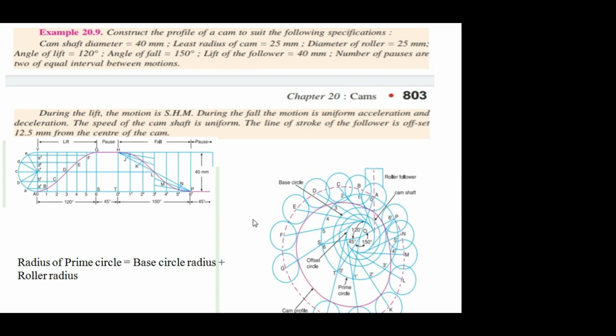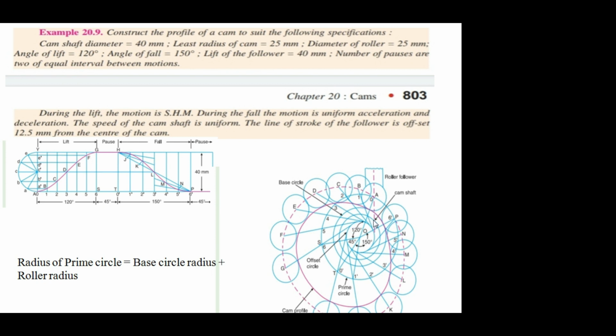Divide the prime circle in anti-clockwise direction. So when we are dividing the base circle or prime circle in anti-clockwise direction, take the offset of the axis of follower on the right hand side of the camshaft axis. So here draw the base circle with a minimum radius or least radius of 25 mm.